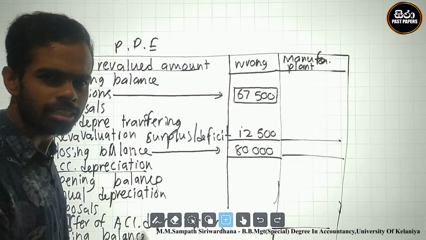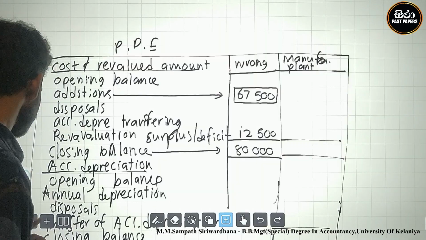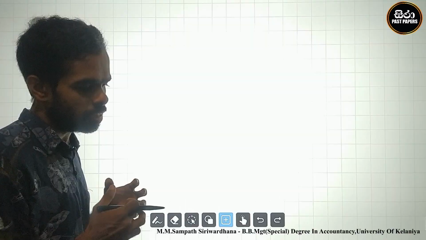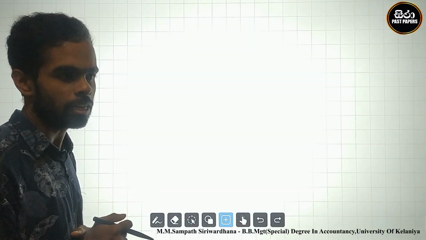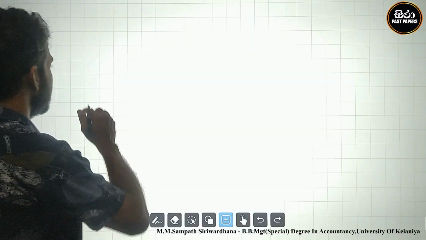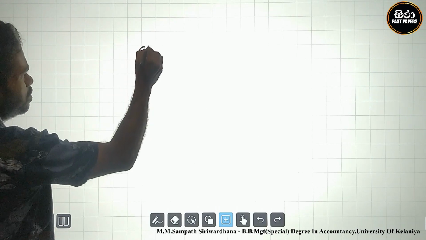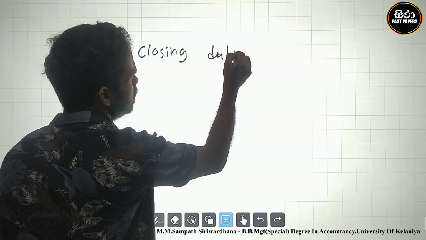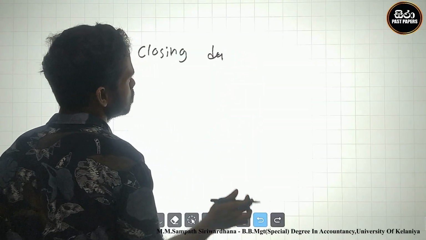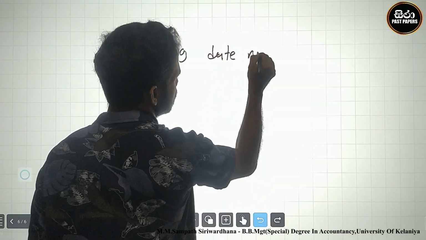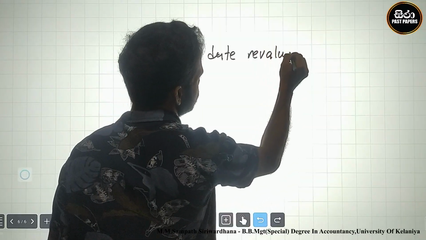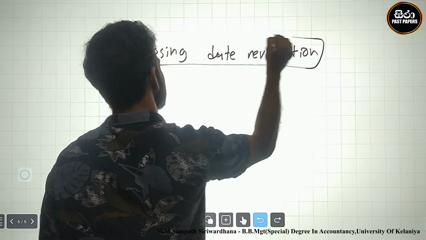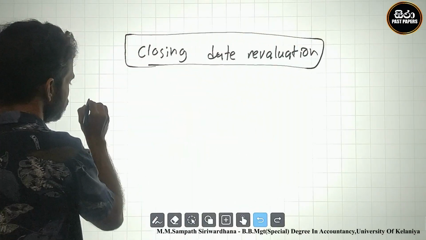Okay, what is the correct adjustment? Look here, the correct adjustment at the revaluation, they revalued at the closing date. At the closing date revaluation, what is the path? What are the steps?